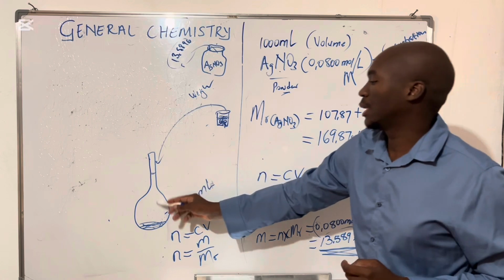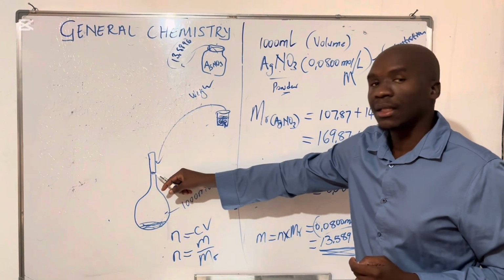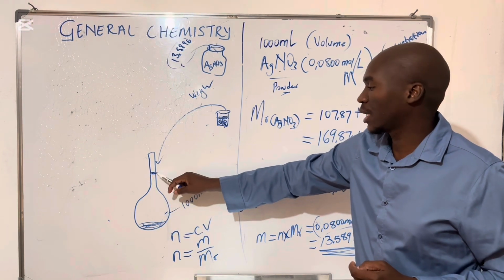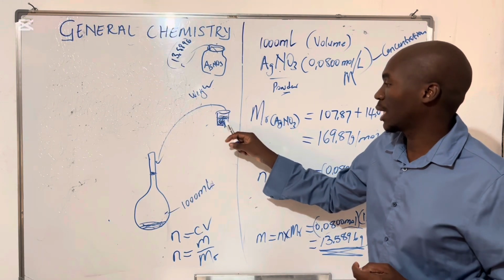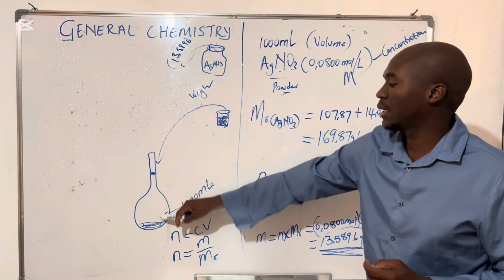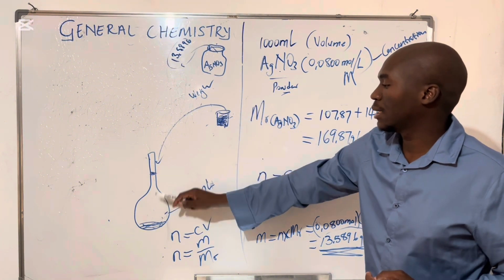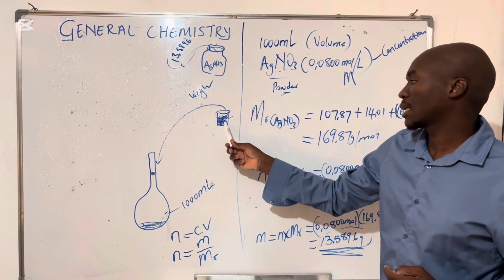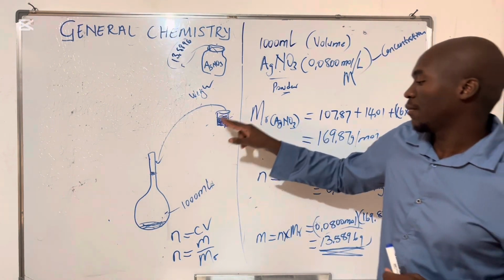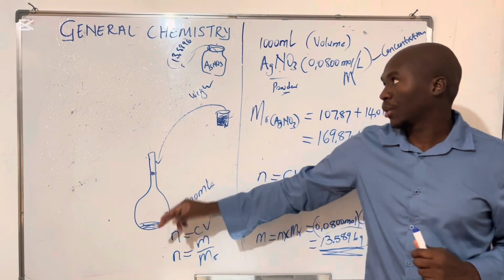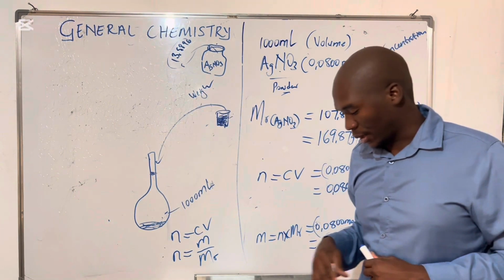Before you reach the final mark, you can take a little distilled water and wash the remaining, because there may be leftovers on the beaker, and make sure that nothing is left there. However, even if you want to dissolve it directly in the volumetric flask, you are more than welcome to. Then you get what you needed.